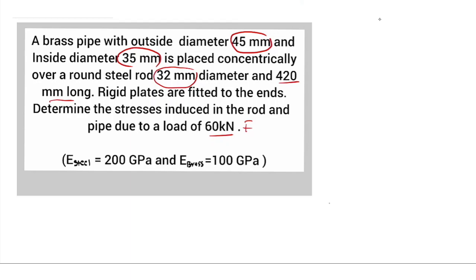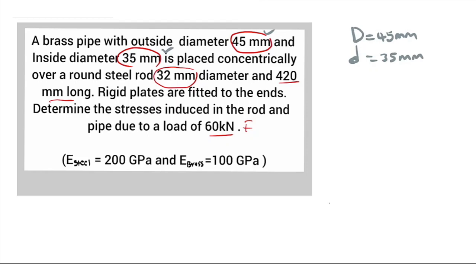The pipe has two diameters. We'll say this one is the bigger one, 45 millimeters. Then the smaller one is 35 millimeters.